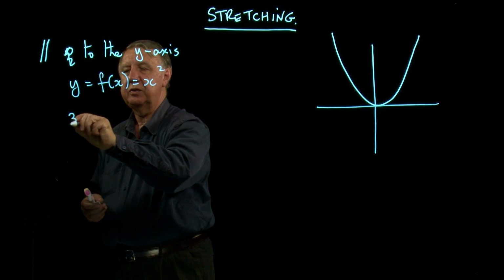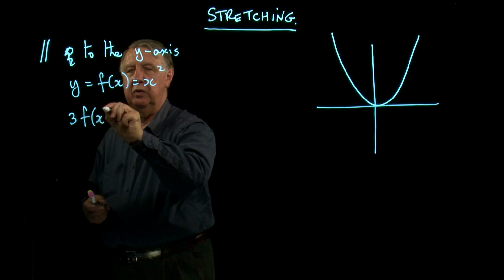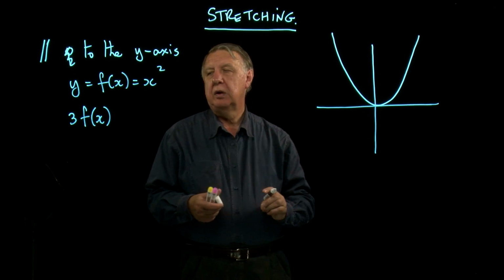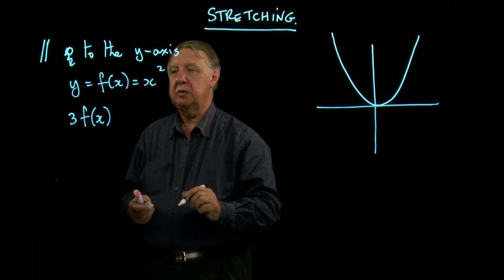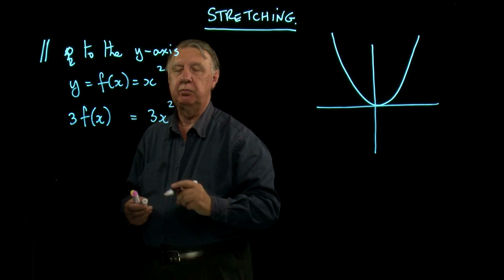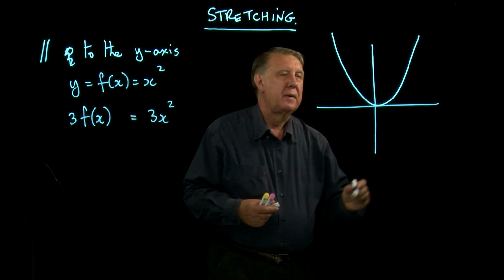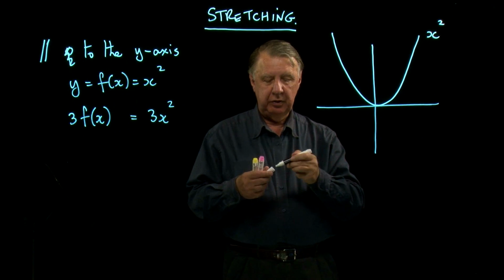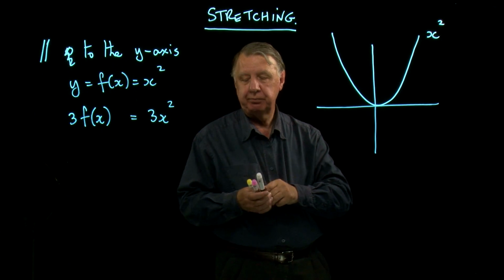Now we'll look at 3 times f of x. Now 3 times f of x is of course 3x squared. Now if this is x squared, what will 3x squared look like?